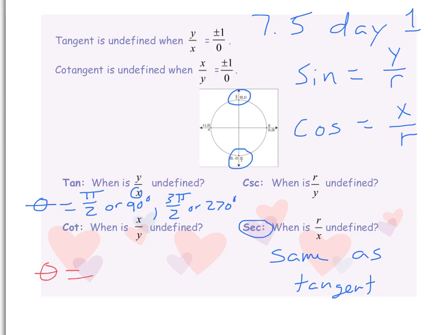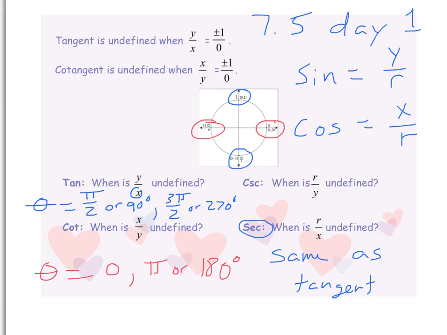This is now a different story as it's x over y. Here and here, those are the 2 points in the unit circle where y is 0. So it would be 0, that could be radians or degrees. And then at pi radians, or 180 degrees, that is where cotangent is undefined.